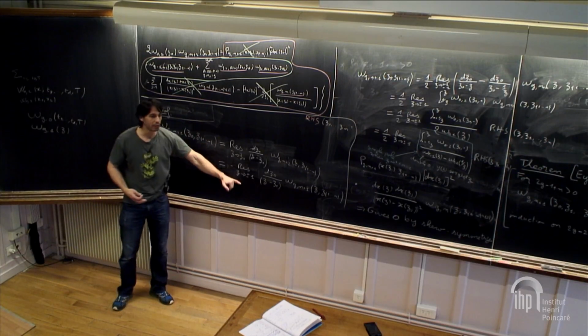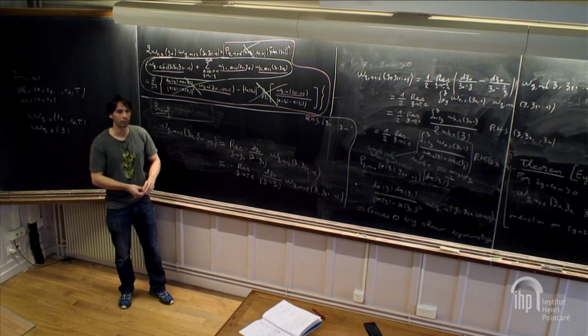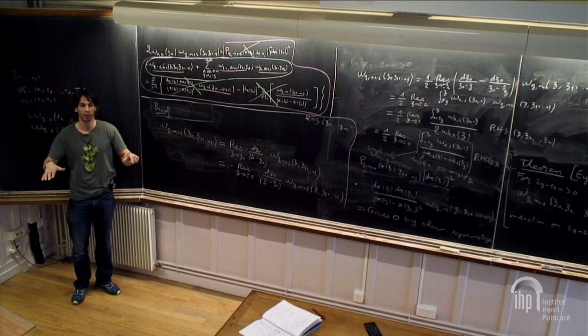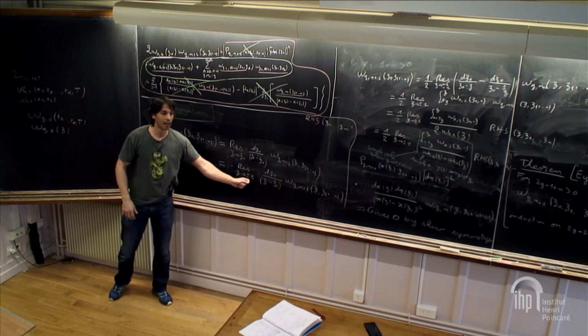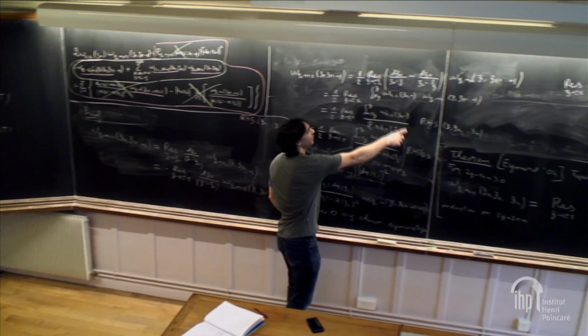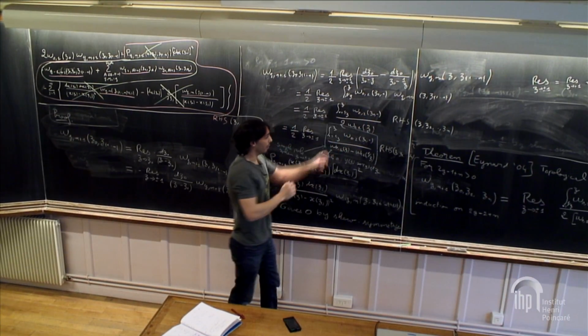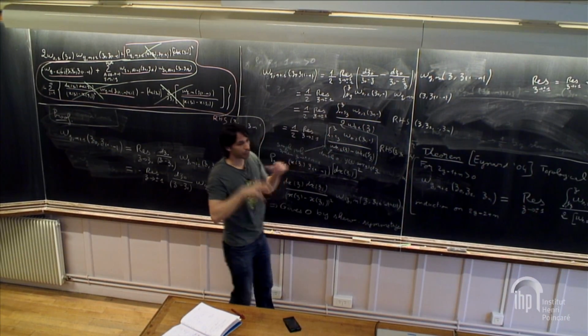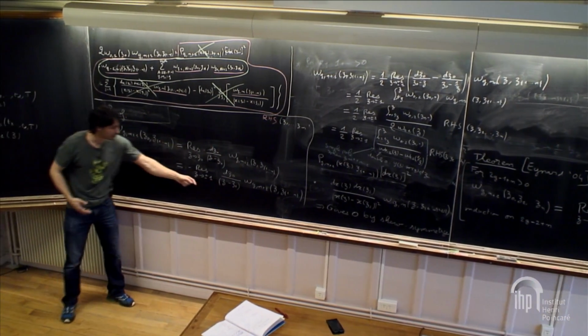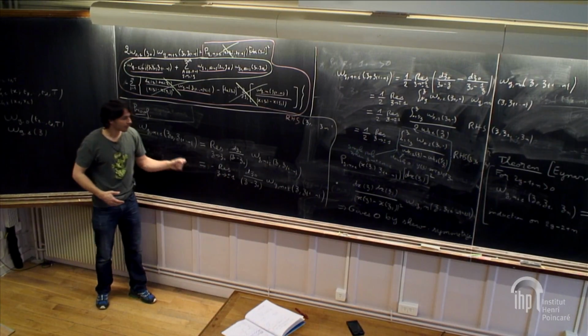And by using this Cauchy formula and moving the integration contour, I'm projecting this differential on the space of differentials which have poles only at plus and minus 1. So you can think of this procedure of taking the residue here times this part as a projection to the space of differentials which have poles only when z goes to plus and minus 1.